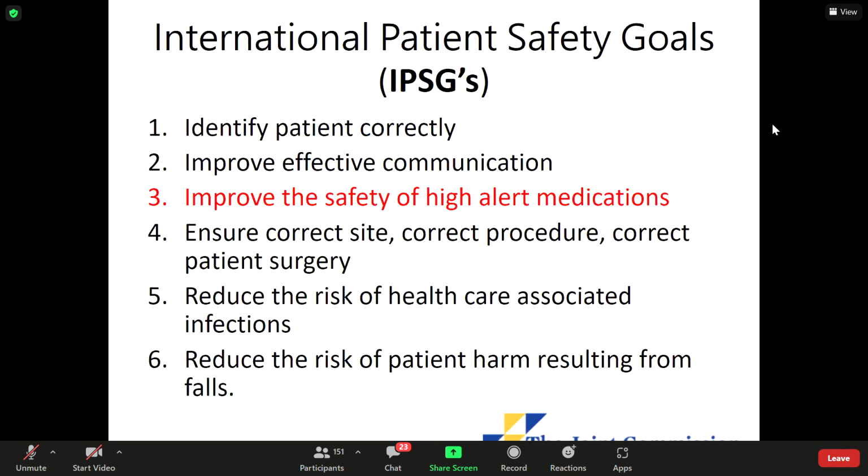We have to instruct the patients: if you need any help, please press the call button. Do not go to the bathroom by yourself because we just gave you a medication which might cause drowsiness. So this would contribute to falling down from the bed. Always ensure that side rails in the bed are up and secured.